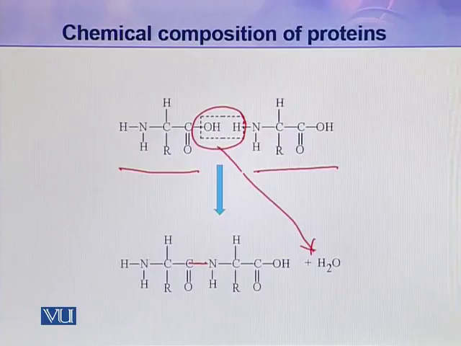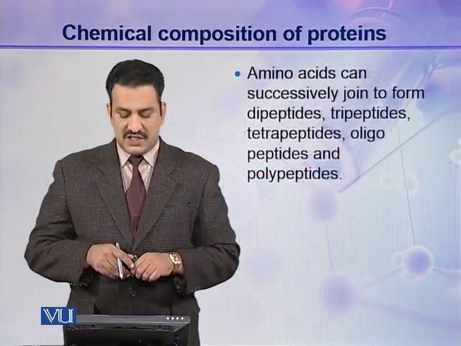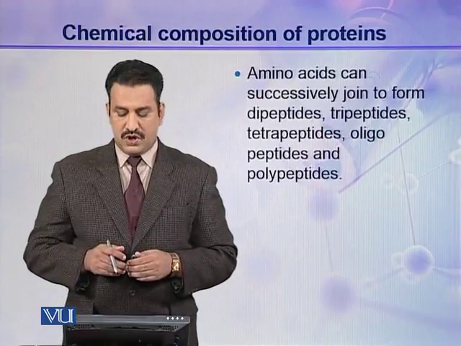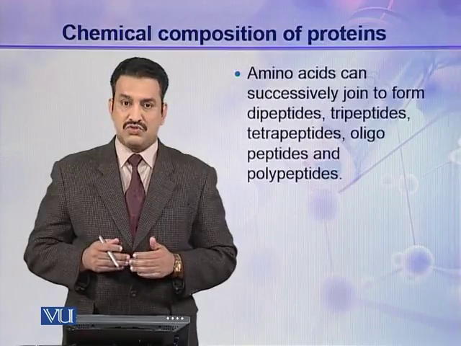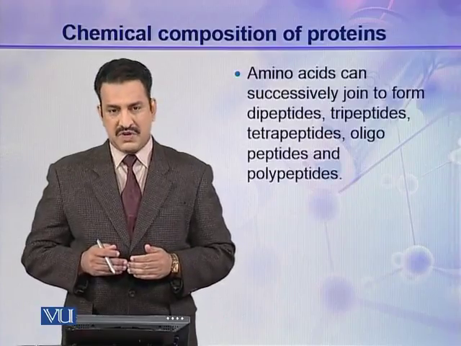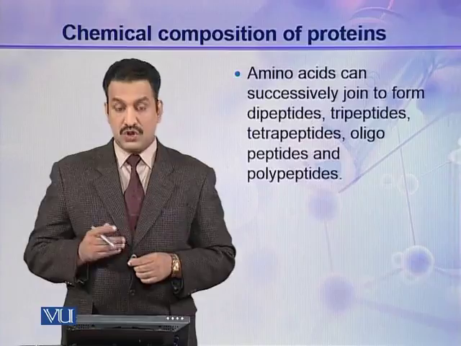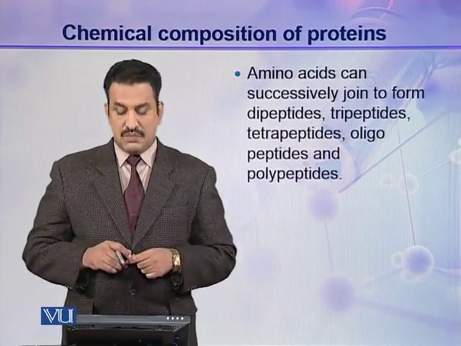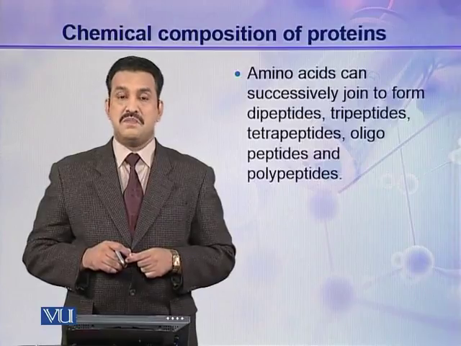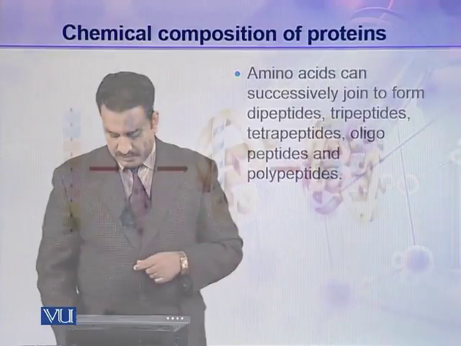Similarly, third, fourth, fifth, and so on, other amino acids can also join to make a long chain of amino acids. Amino acids can successively join to form dipeptides, tripeptides if they contain 3 amino acids, tetrapeptides containing 4 amino acids, oligopeptides containing few amino acids, and polypeptides containing many amino acids.